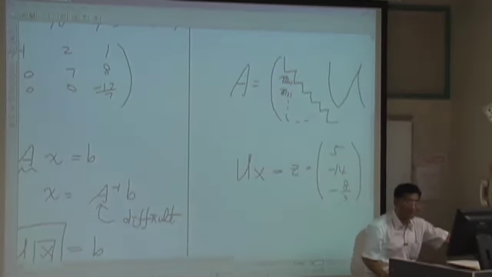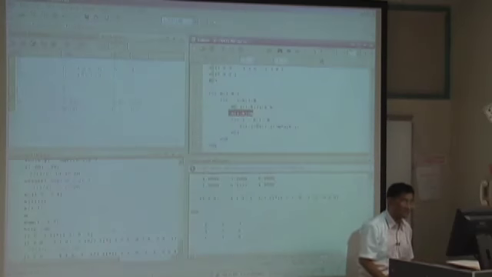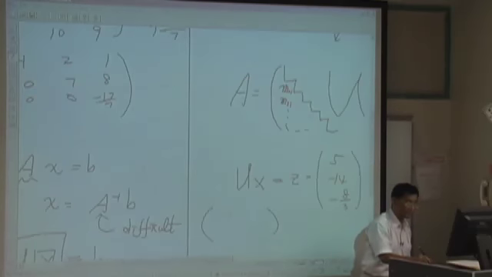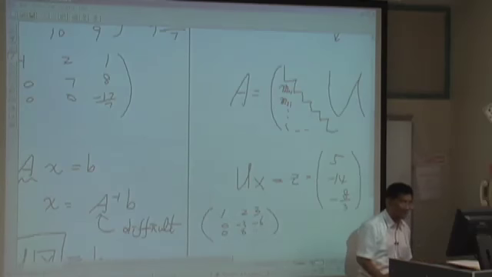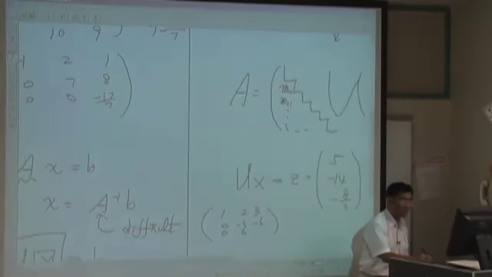It is found here, right? Then take a look. U is the upper triangular matrix that we calculated. That is, in this case, 1, 2, 3, and then finally, this number is 4. This times x1, x2, x3 equals 5, negative 14, negative 8 thirds.